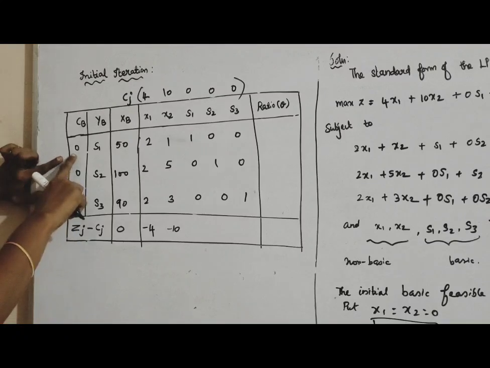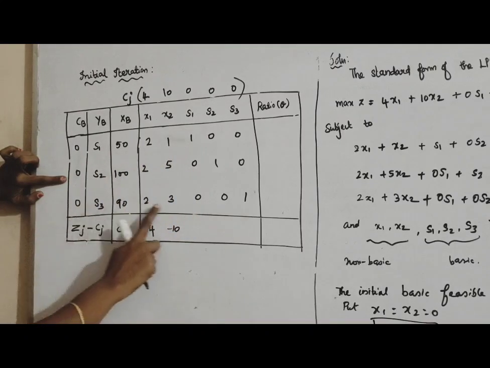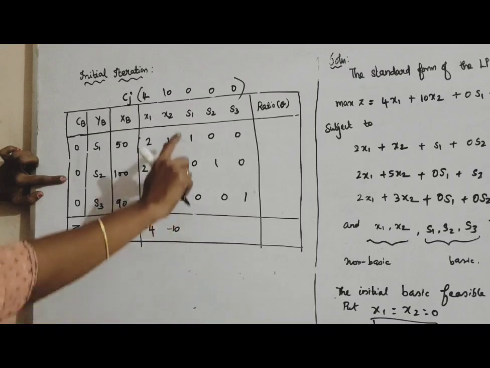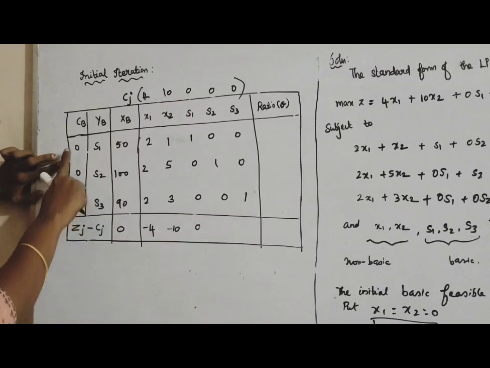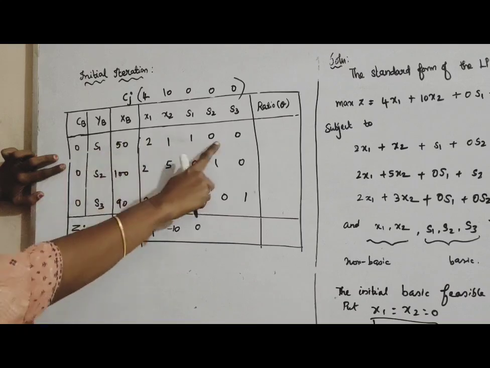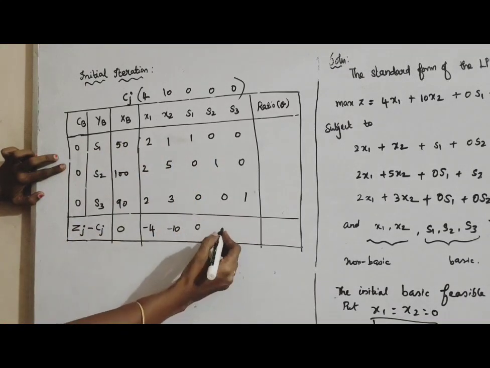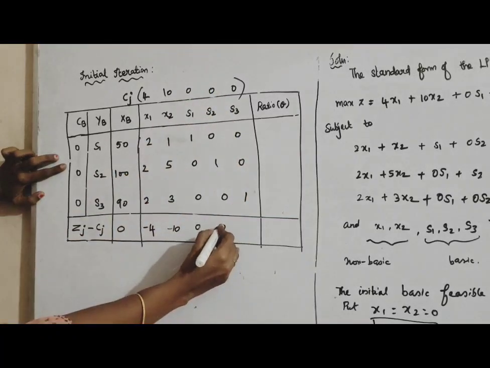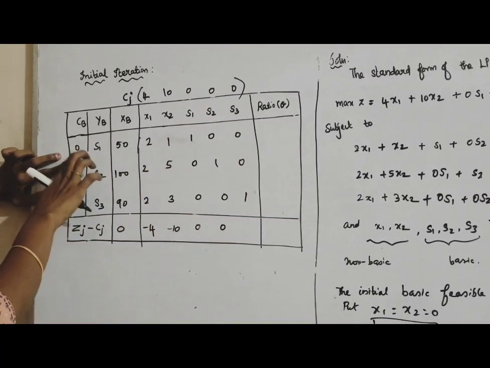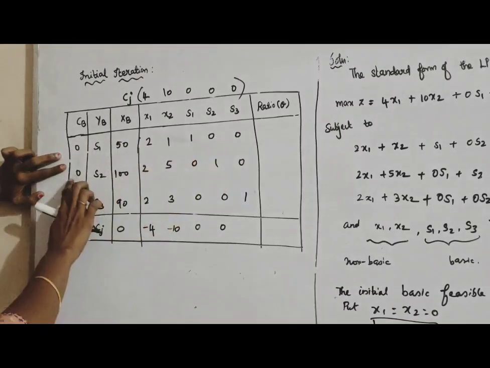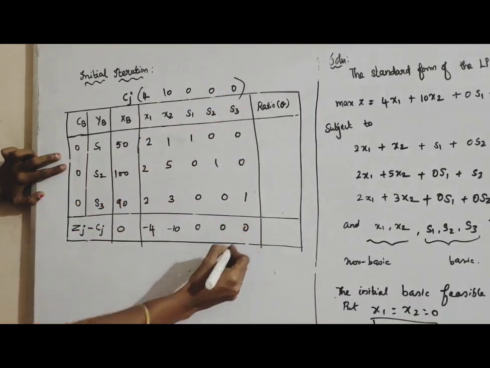And for the s1 value, 0 into 1 plus 0 into 0 plus 0 into 0, that is 0, minus 0, again you are getting 0. Next, for the s2 variable, 0 into 0 plus 0 into 1 plus 0 into 0, that is 0, minus 0 is 0. Next, for the last variable, that is s3, 0 into 0 plus 0 into 0 plus 0 into 1, minus 0 is 0.